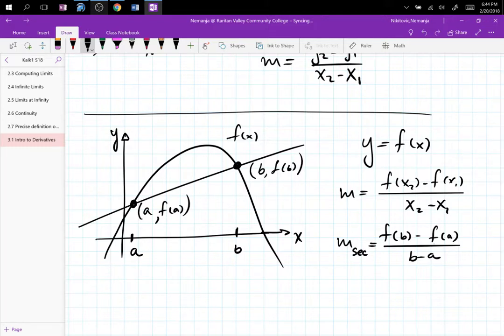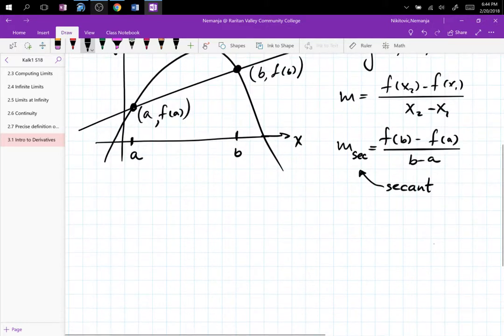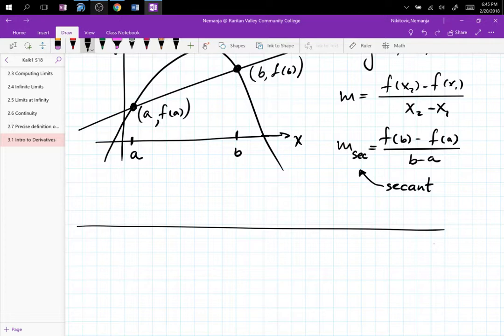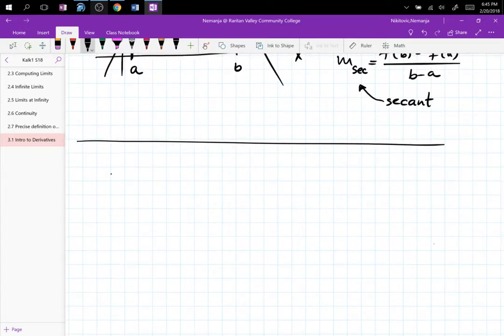Now, what I'm going to do now is I am going to introduce some calculus over here. I'm going to make point A a fixed point. And I'm going to let point B go towards A. So new picture, which will pretty much look the same in the beginning.